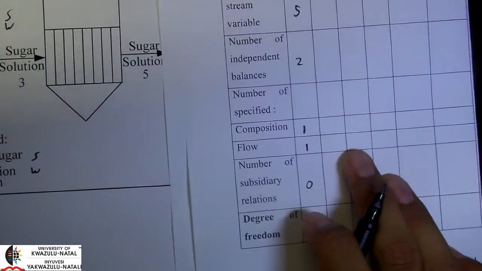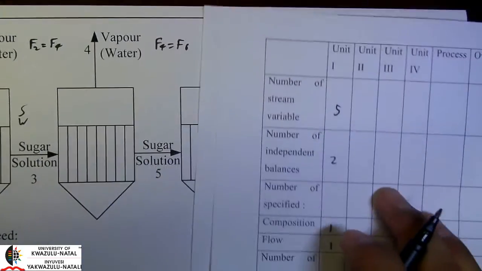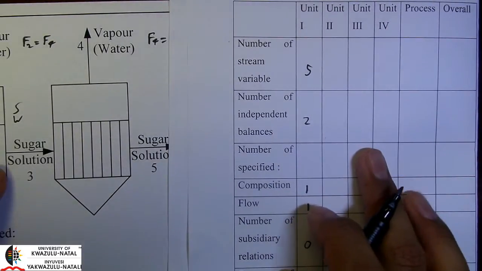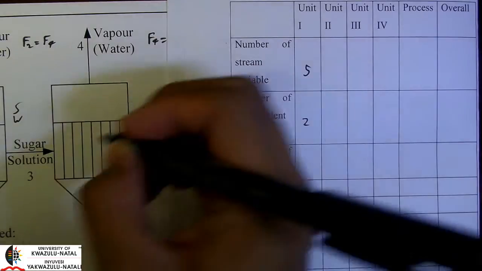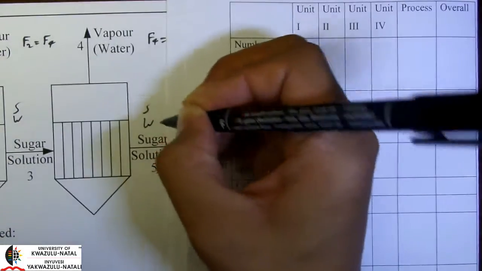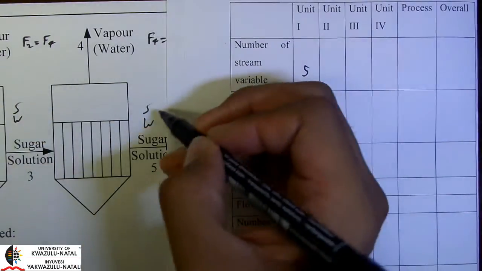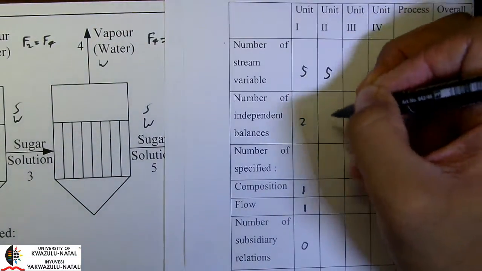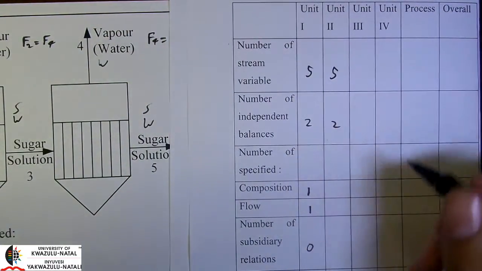Now let's move on to unit 2. Okay, a very similar situation. We have 1, 2, 3, 4, 5 stream variables, 2 balances.